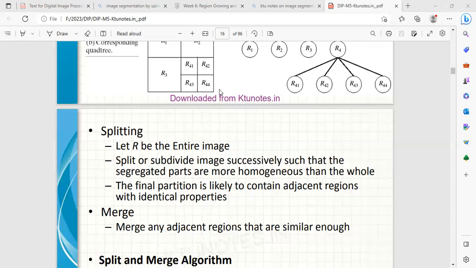After splitting the regions, you can do one more thing. You can merge any adjacent regions that are similar.